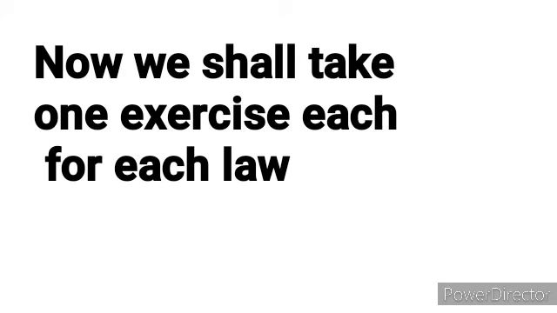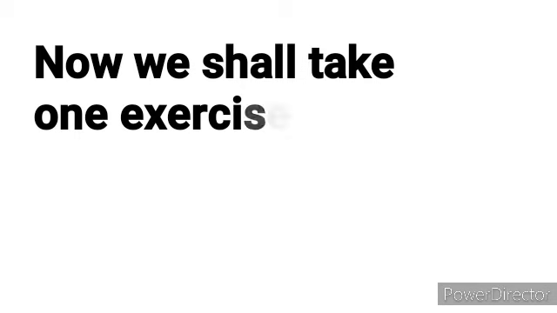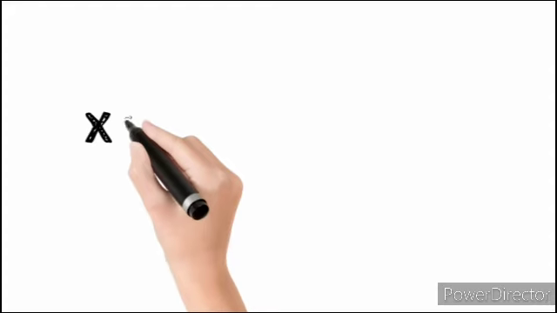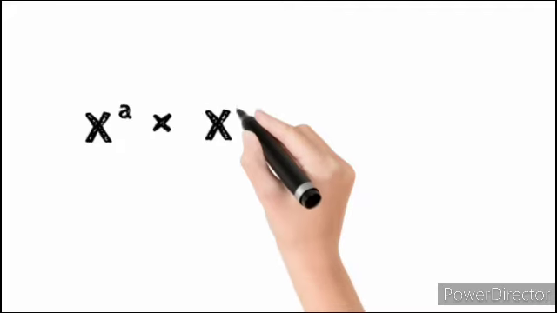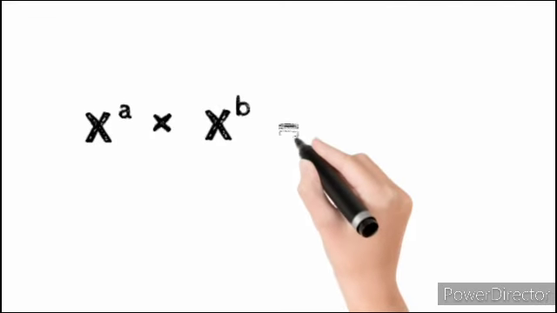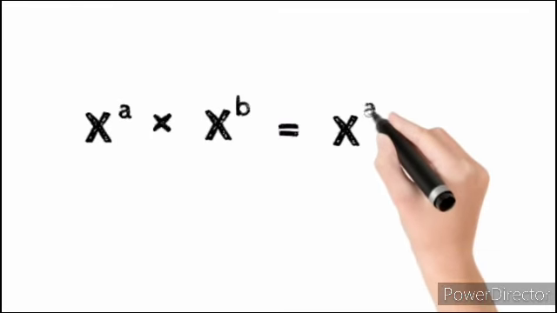Now, we shall take one exercise for each law. The first law says x raised to power a times x raised to power b equals x raised to power a plus b.